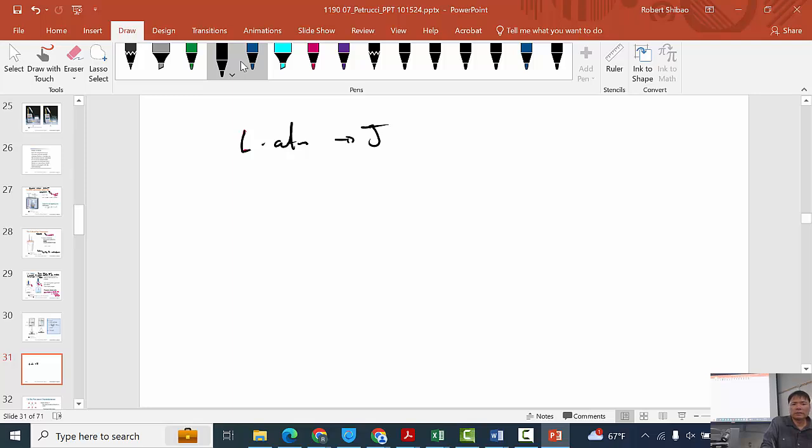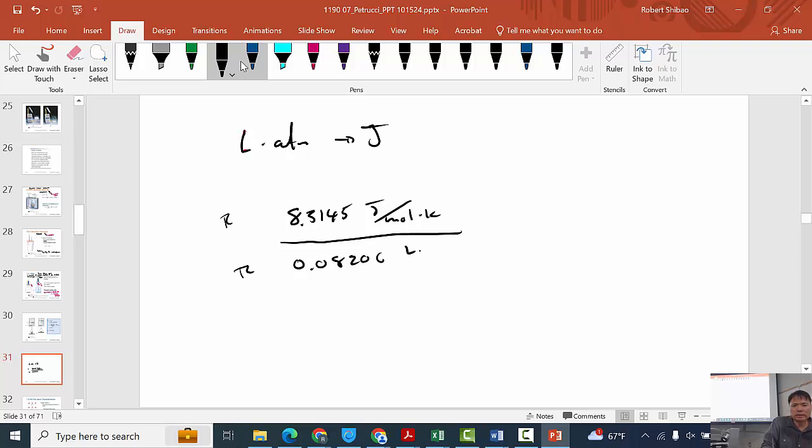If you ever forget this, the conversion factor is not too difficult. It's 8.3145 joules per mole Kelvin, which is R in units of joules per mole Kelvin, and then you divide this by R in 0.08206 liters times atmosphere per mole Kelvin. Then the moles cancel, the kelvins cancel, and that leaves you with joules per liter atmosphere.